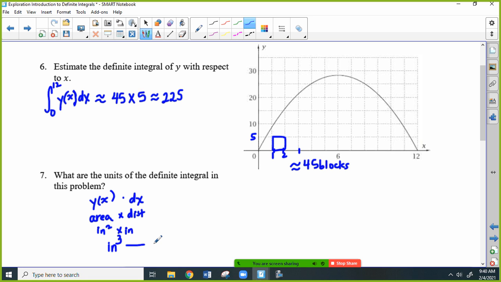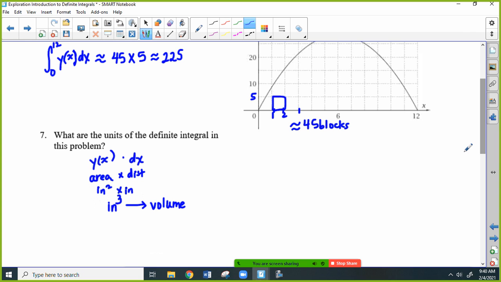What is that like in terms of a measurement? We did area times another measurement. What do we typically get when we have cubic something? All right, Will told me it was volume. Okay, inches cubed, some sort of measurement cubed usually represents volume.